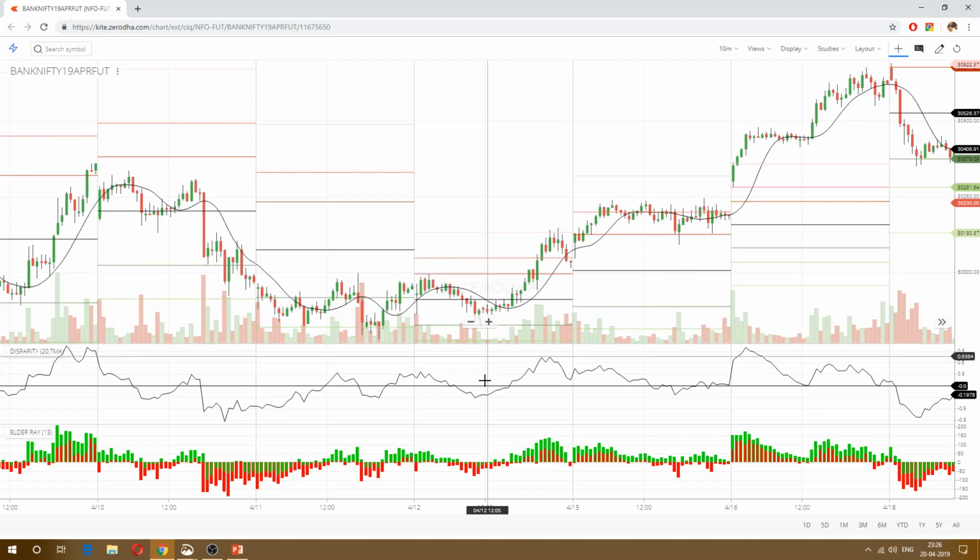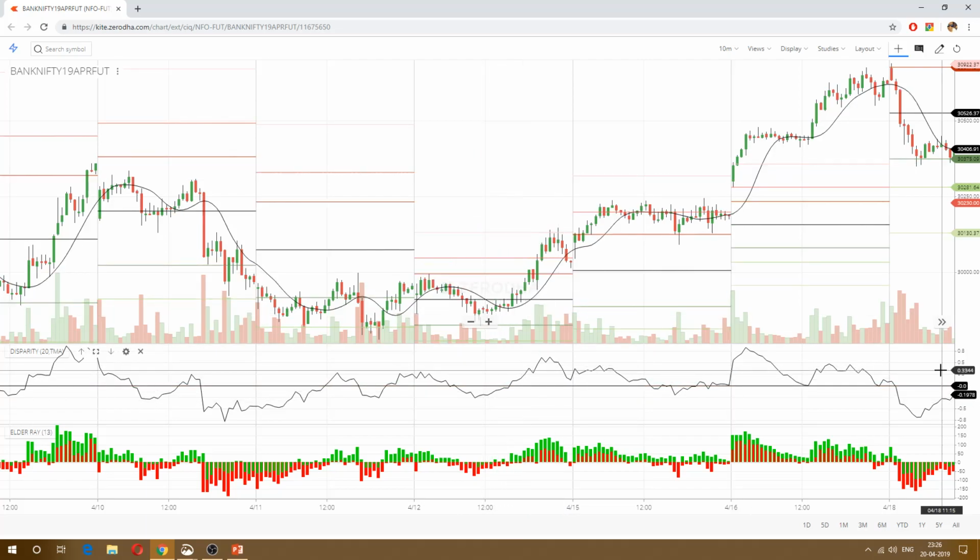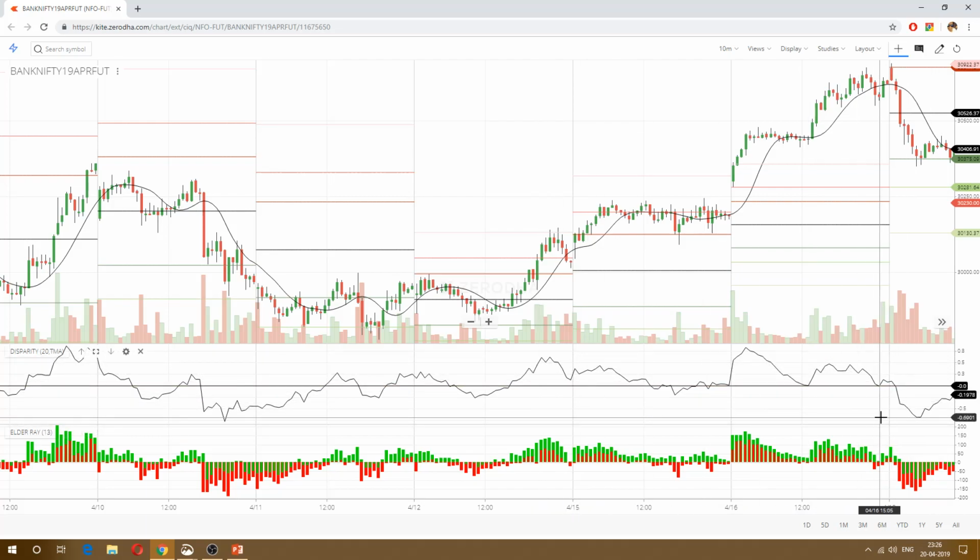If the price is above the 20 period triangular moving average, disparity will be positive. Check here, positive, on my right side where the crosshair is, positive, above the 20 period triangular moving average, and below the 20 period triangular moving average it will be negative. If it is negative, the price is below the 20 period triangular moving average. If it is positive, the price is above it.